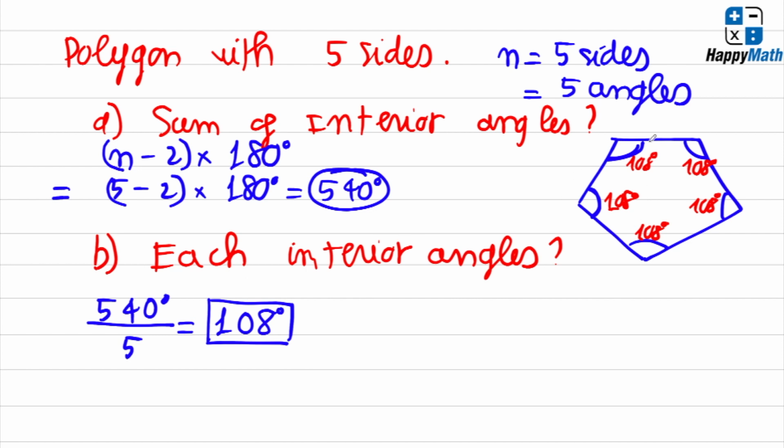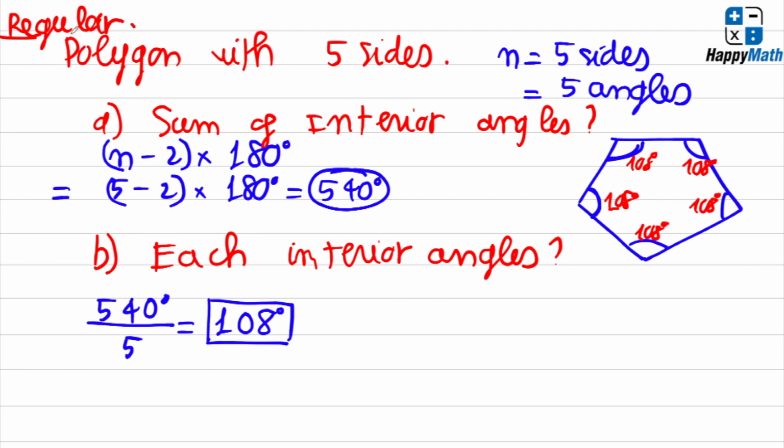In this regular polygon, each angle will be 108 degrees. But the most important thing for this question is that this is a regular polygon, not a normal polygon.